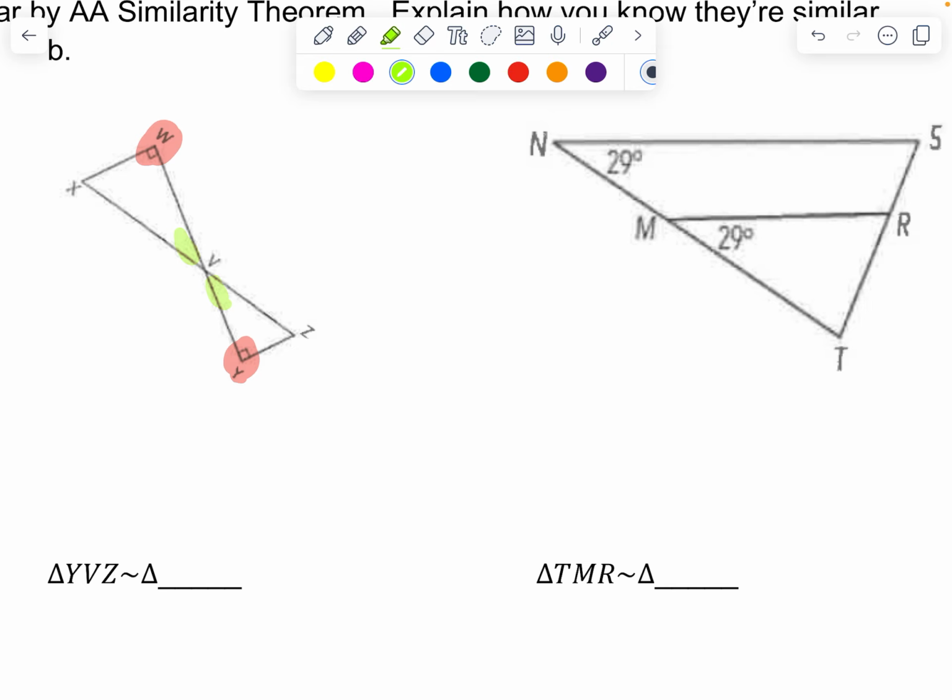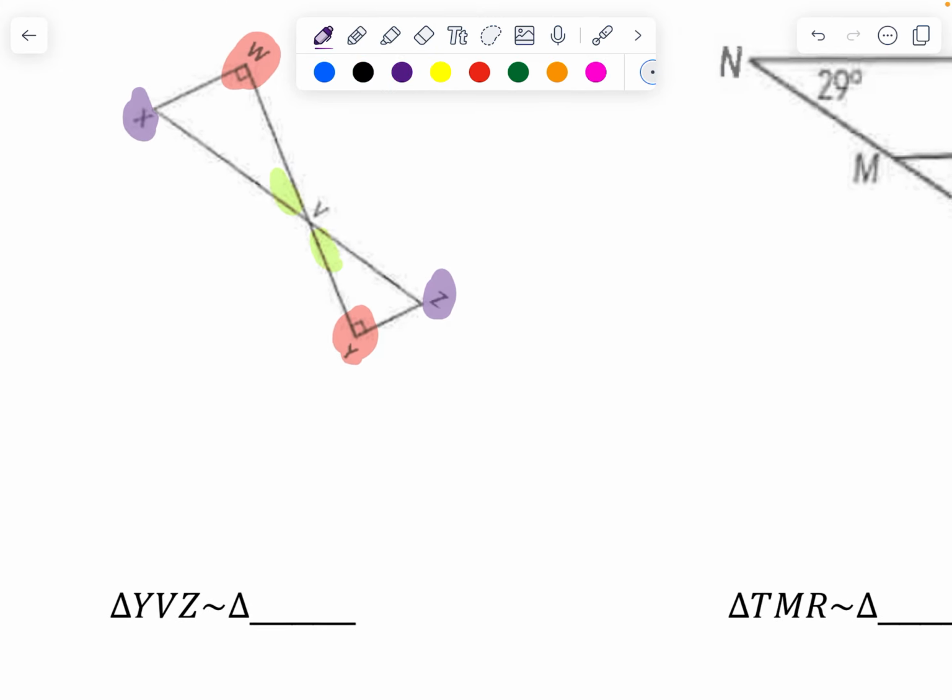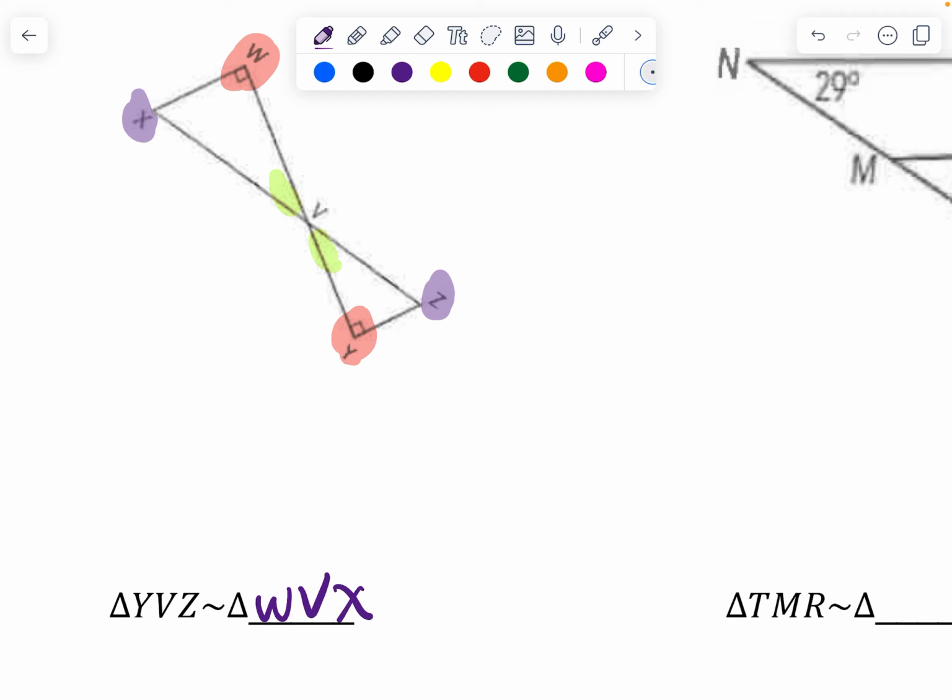So Y is in red, so in the other triangle, that would be W. Then it says V, which is green, so we do V for the other one. And then we have Z, which is purple, so that gets us X. So WVX.